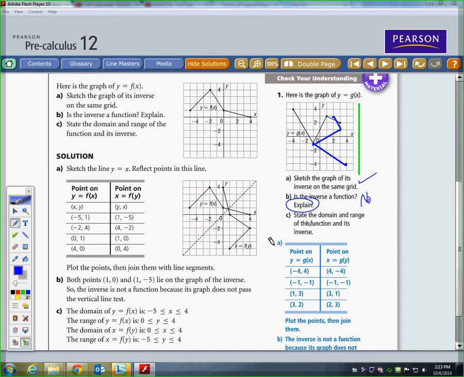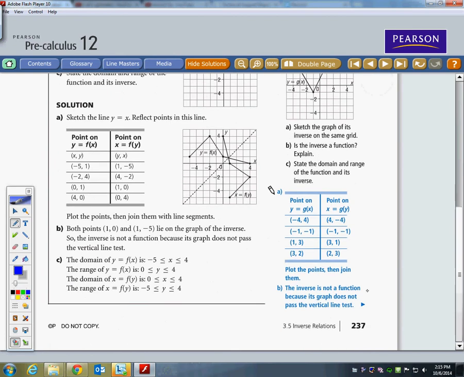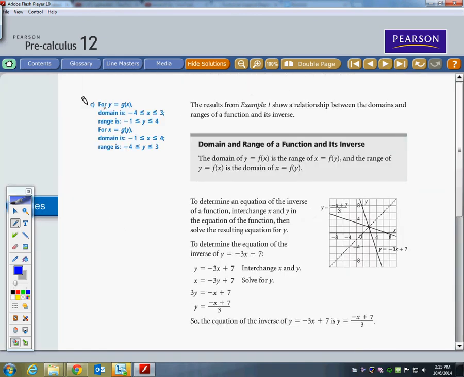It's just fine. State the domain and range of the function and its inverse. So I'll scroll down to the bottom. Oh, is it on the next page? On the next page, the domain and range of the inverse. The original one, the domain is from -4 to 3, and so look what happens here.